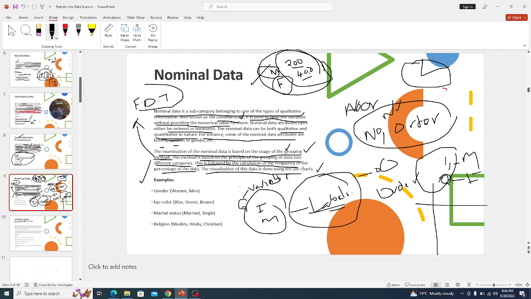So from our data, we can see that 80% of our population are females, and 20% are males. So you can see we can present this in a pie chart. And why am I saying pie chart? Because a pie chart is mostly used, we usually call it market proportion.